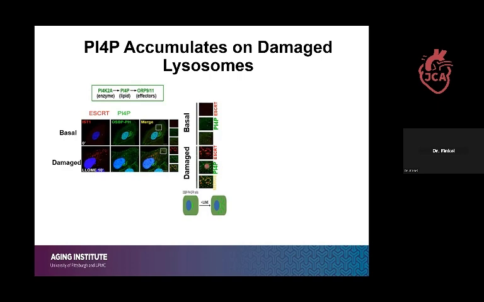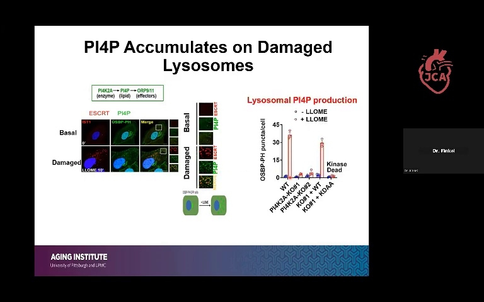And you can see using this PI4P probe that each of these damaged lysosomes now stains positive for this PI4P probe. There's essentially a 100% overlap of these two markers, suggesting that every damaged lysosome now is decorated with this lipid PI4P that is generated de novo on the surface of the lysosome.